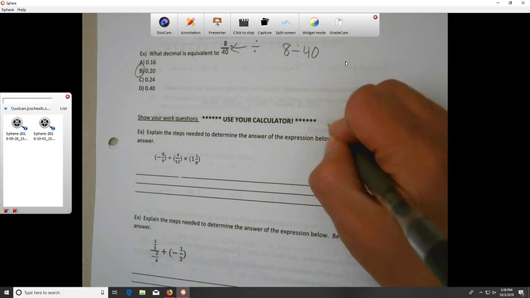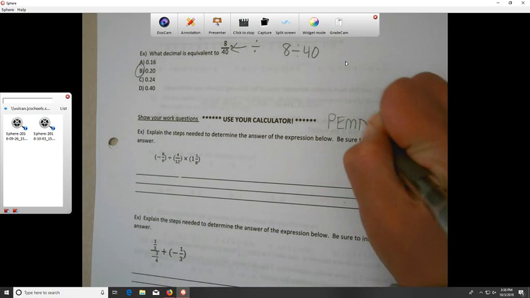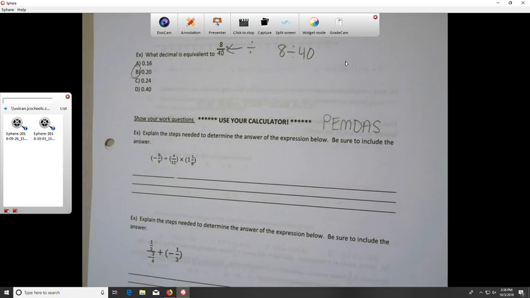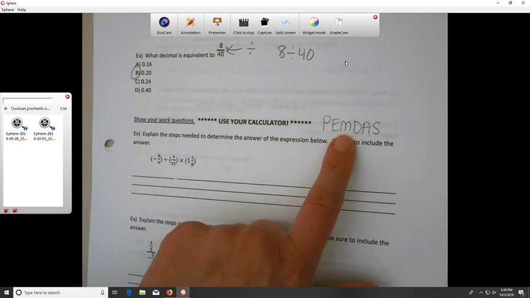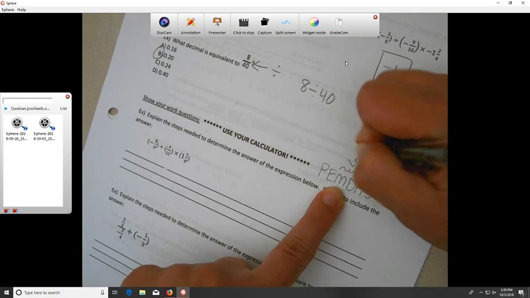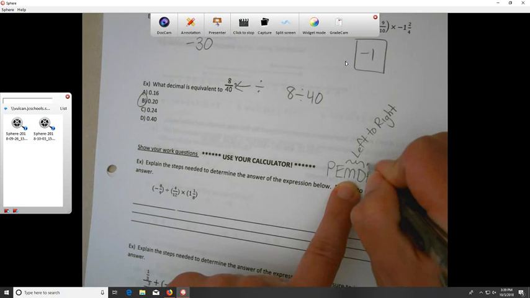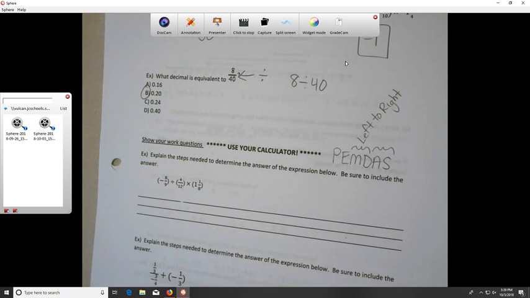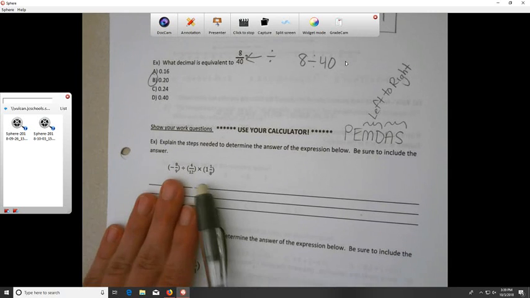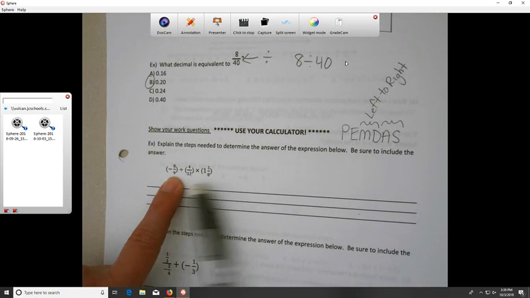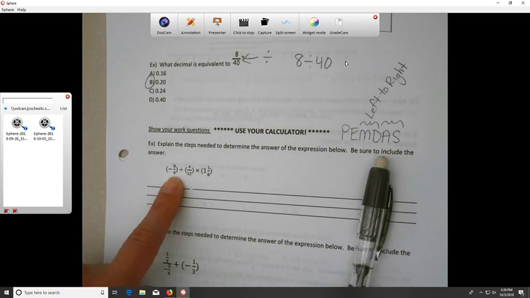Okay? Order of operations is PEMDAS, right? So parentheses, exponents, multiplication and division go together, and you do those from left to right. The same thing is true about addition and subtraction, left to right. So here, I have division and I have multiplication, so I'm going to do those from left to right, just like I'm reading a book.